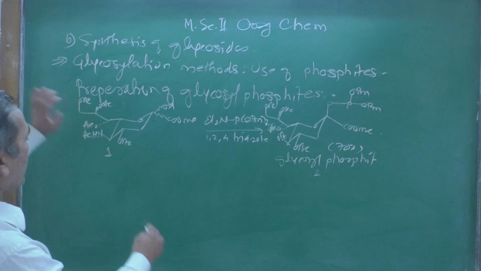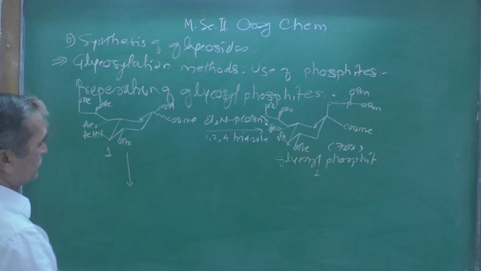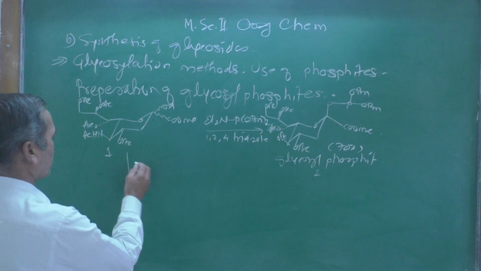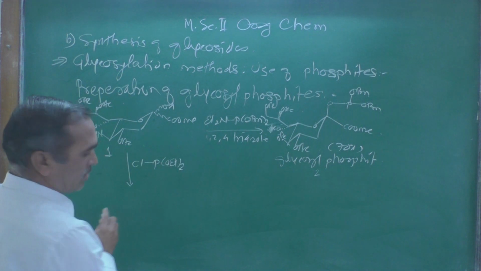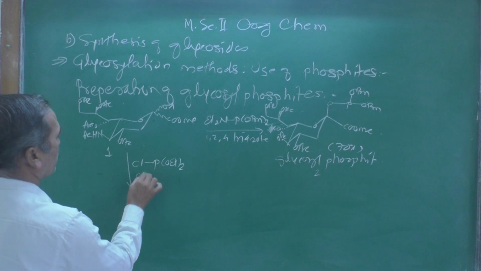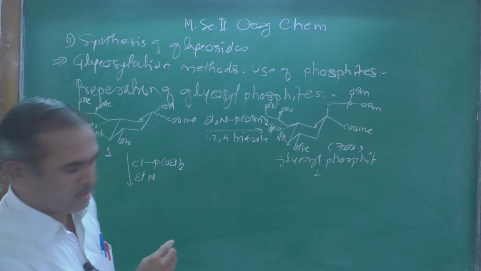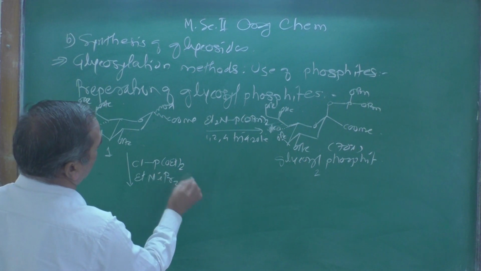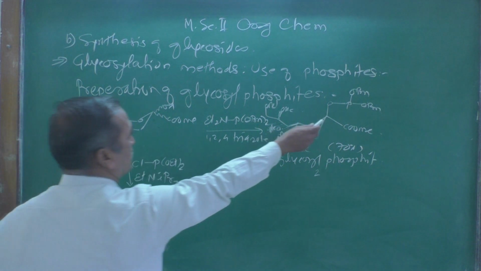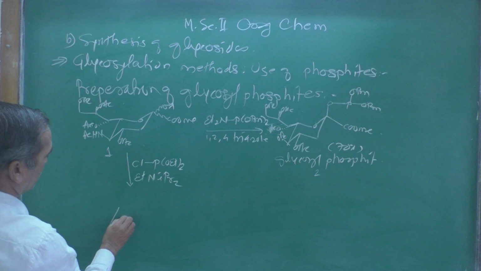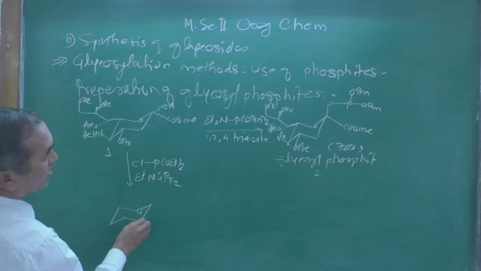Now the same starting material when treated with a reagent like chloro P(OEt)2 in presence of this one, Et3N, then isopropyl group, diisopropyl group, this is a tertiary amine used over there, and what it gives, instead of this one, the product you are going to get here is this one.